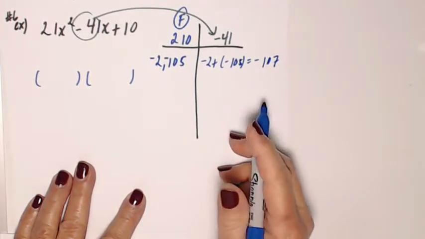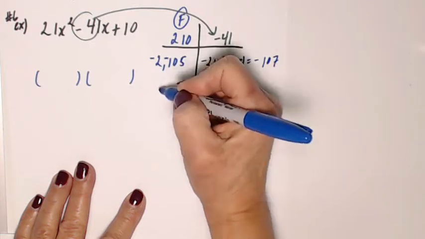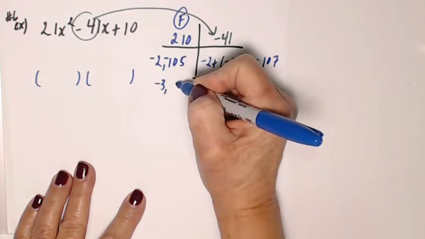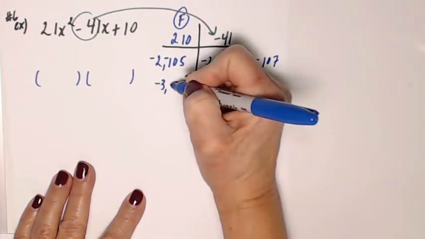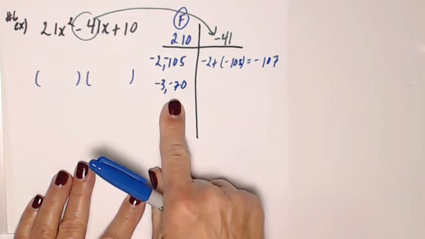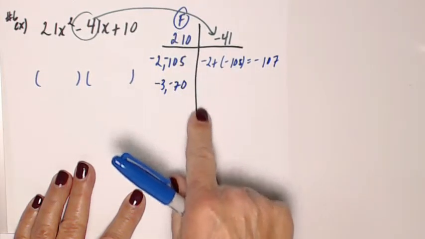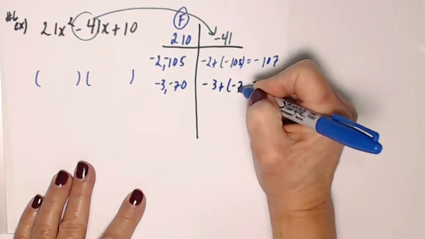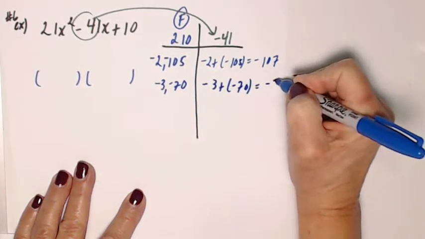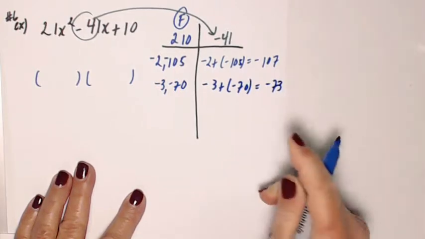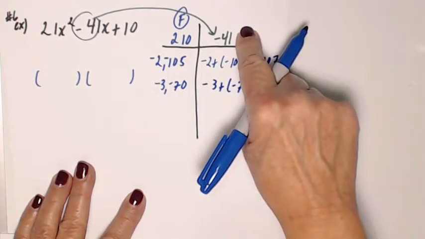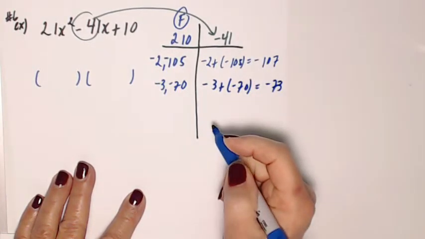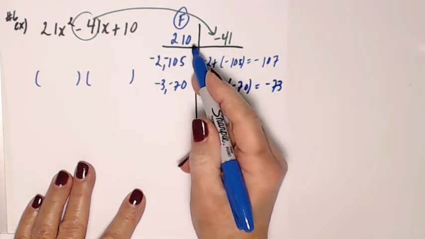So let's continue on. Let's try 3. 3 times 70 is 210, so negative 3 times negative 70 would give us the positive 210. And then negative 3 plus negative 70 gives us negative 73. Not what we need. We have to keep going. 4. 4 is not a factor of 210.